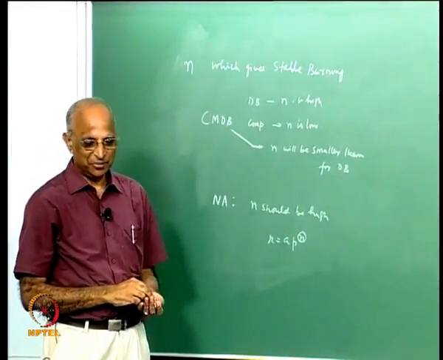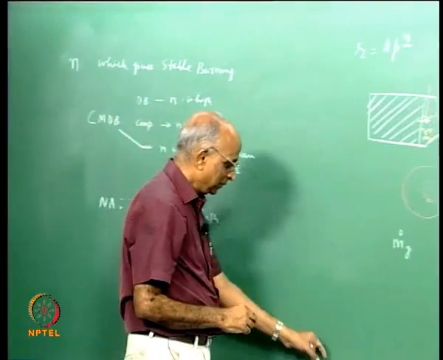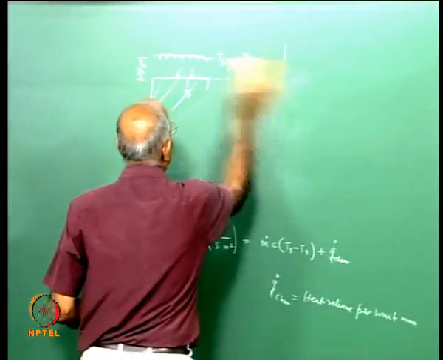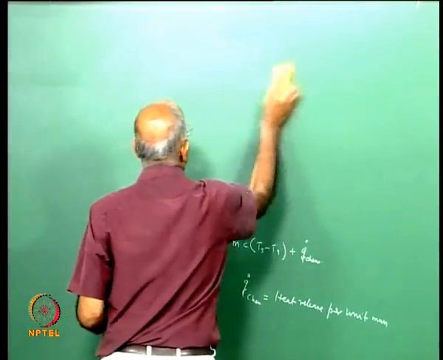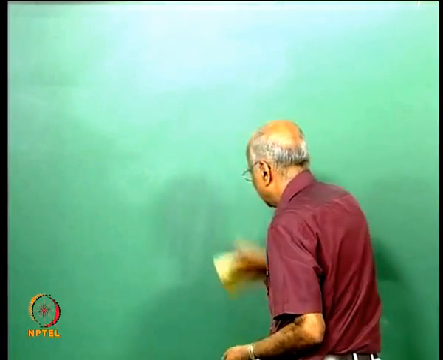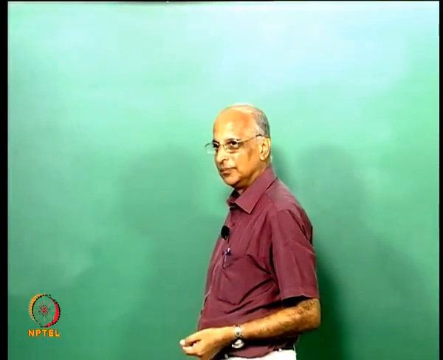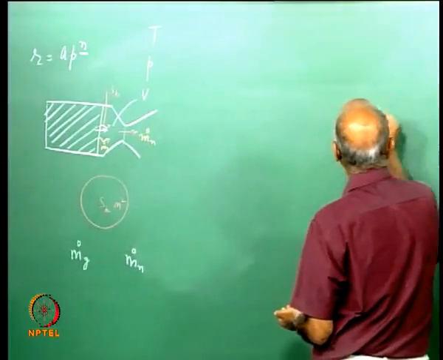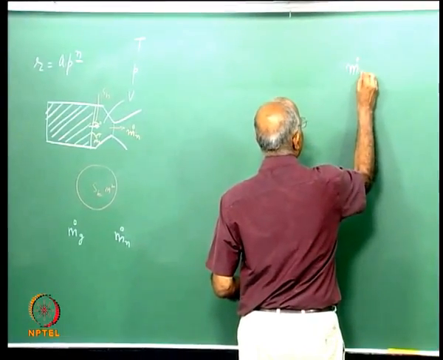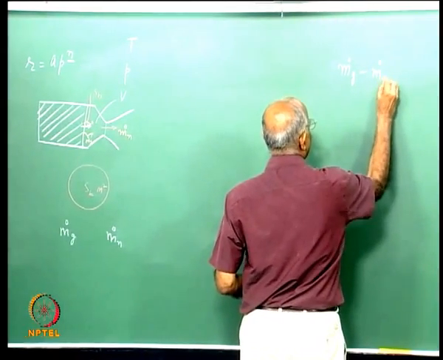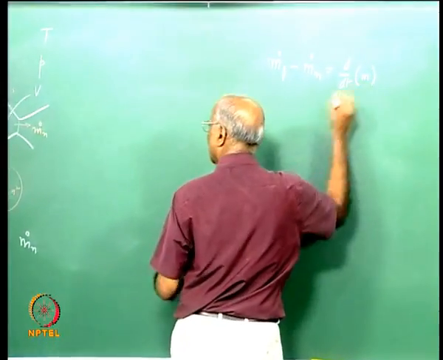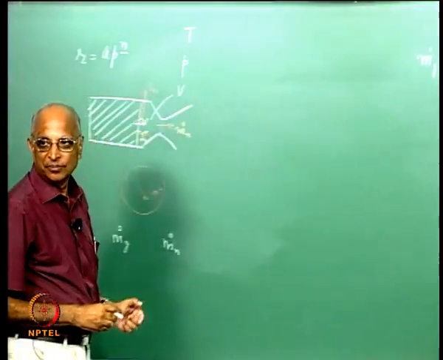What is the equation I have? Mass balance: m dot g minus m dot n, gas leaving, should be the rate of accumulation of gas in the volume of the chamber.